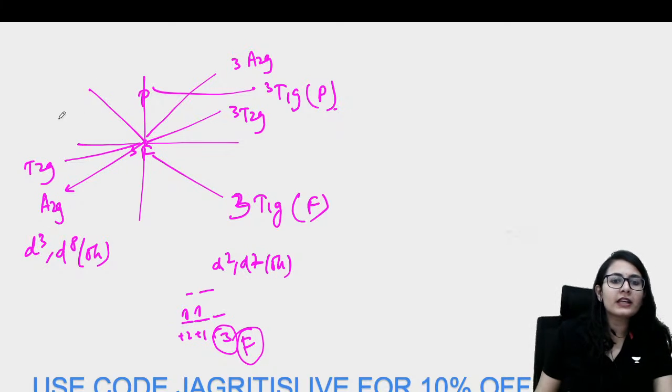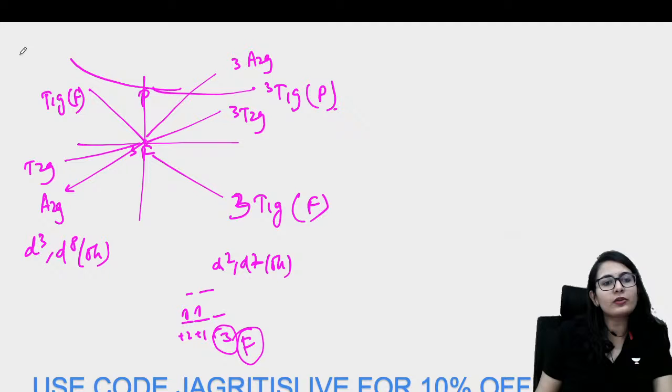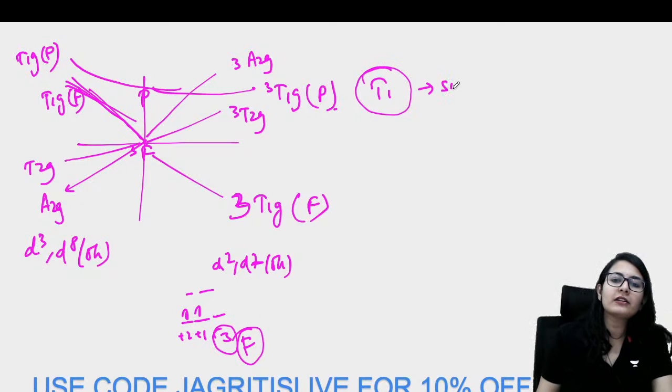This will be your T1g, which is coming from the F, and this T1g is coming from the P. So these two have become the same terms. Yes or no? They are the same symmetry, T1, same symmetry terms.